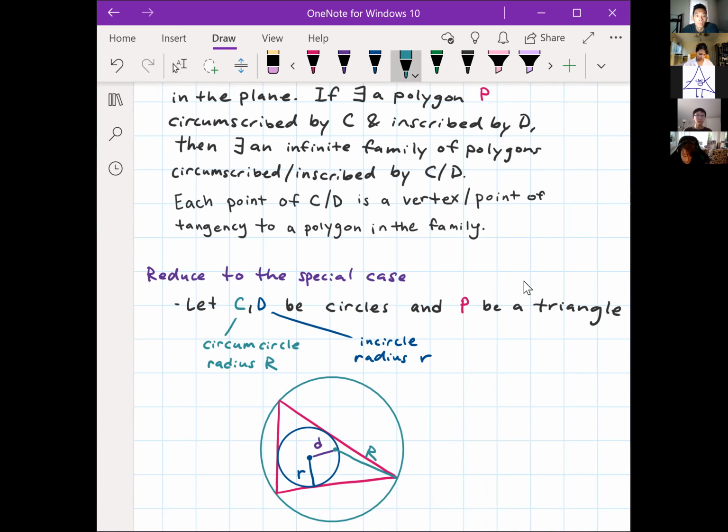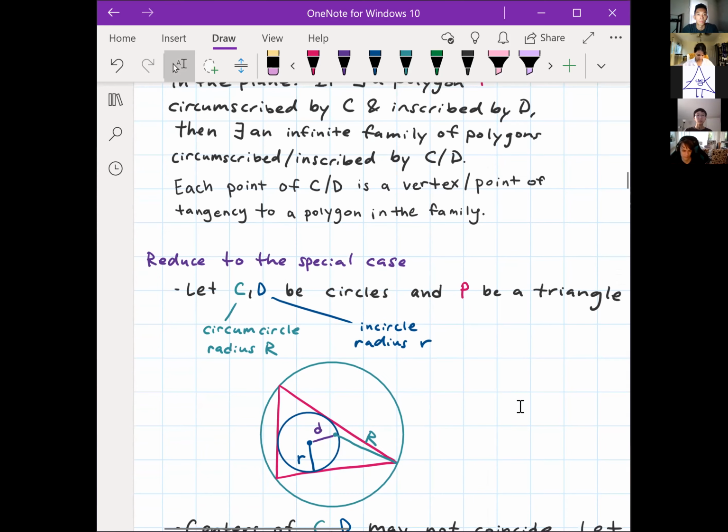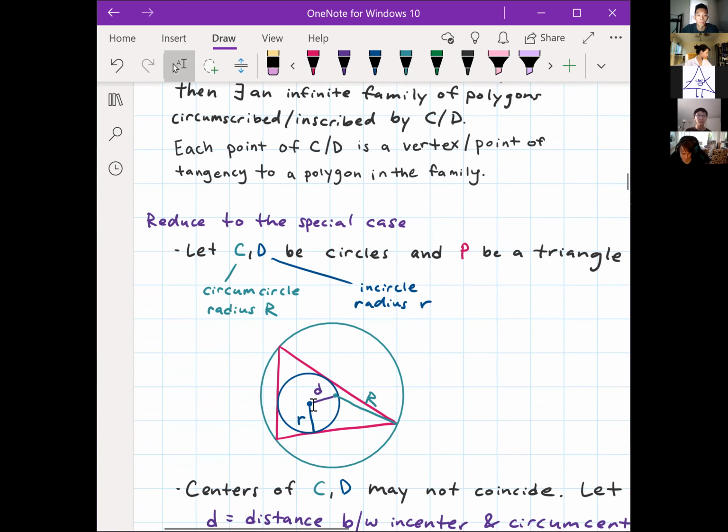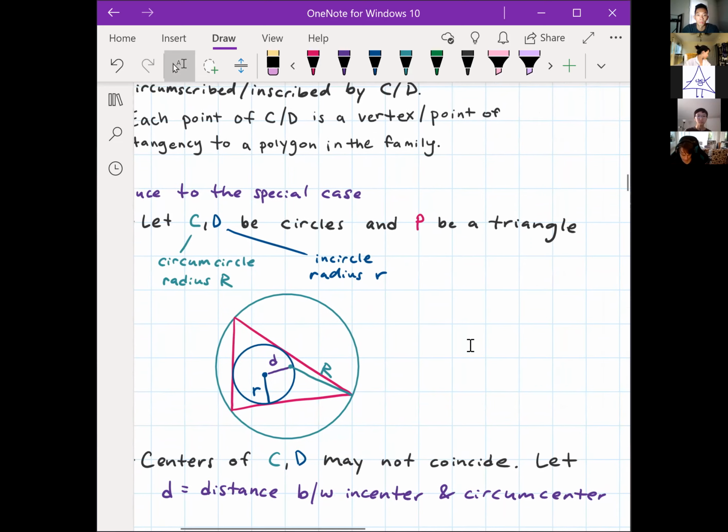The 3 points of the triangle are non-collinear, so they define a unique circle in the plane. That's the circumcircle, and the incircle is just the biggest circle that fits inside. In general, these two circles are not going to have the same center. If our triangle is equilateral, then those two centers will coincide, but otherwise we're going to say that we have some distance, little d, between our centers.